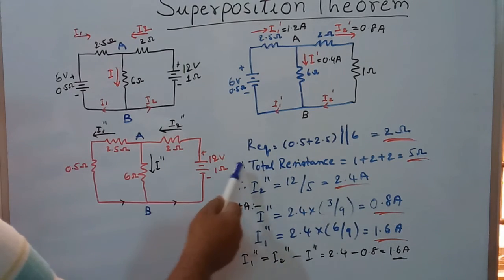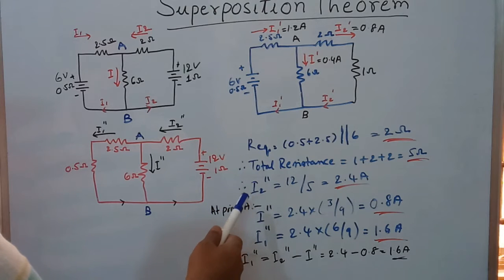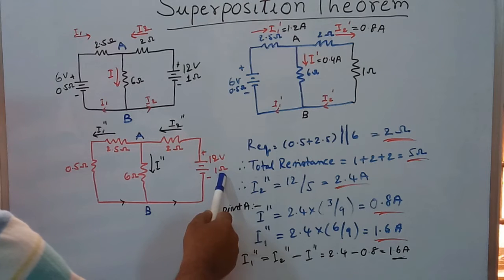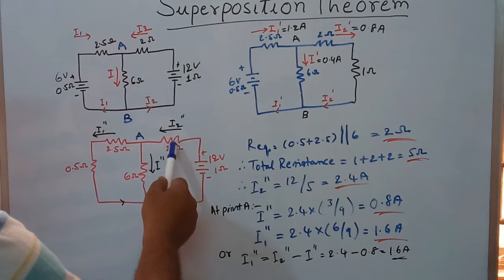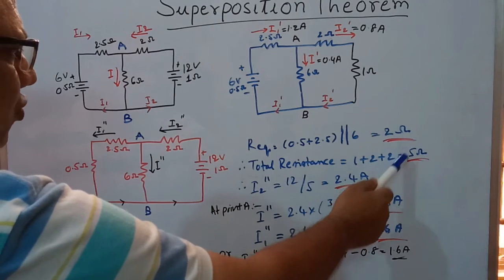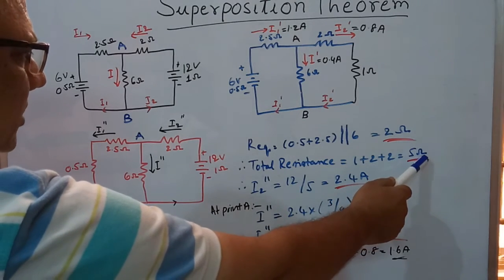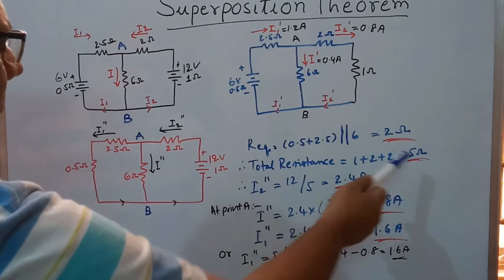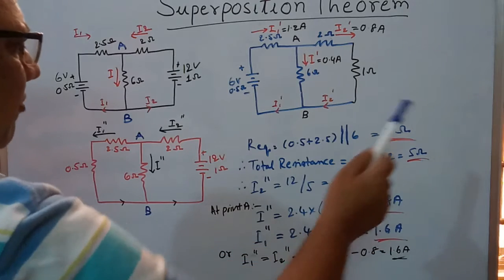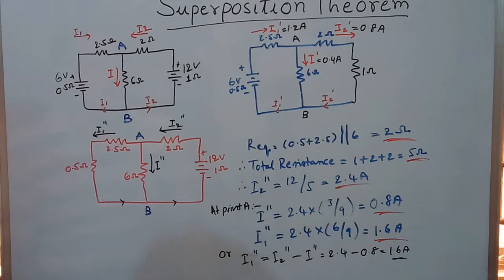The total resistance is 1 ohm, the internal battery resistance, plus 2 ohms, plus the equivalent resistance at point AB, which is 2 ohms, that is equal to 5 ohms. So the total resistance of this network is 5 ohms.